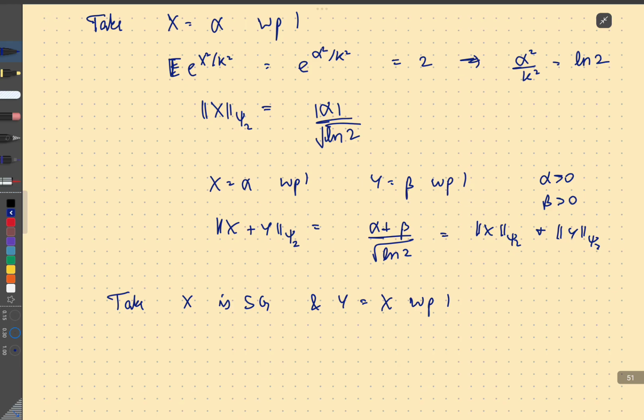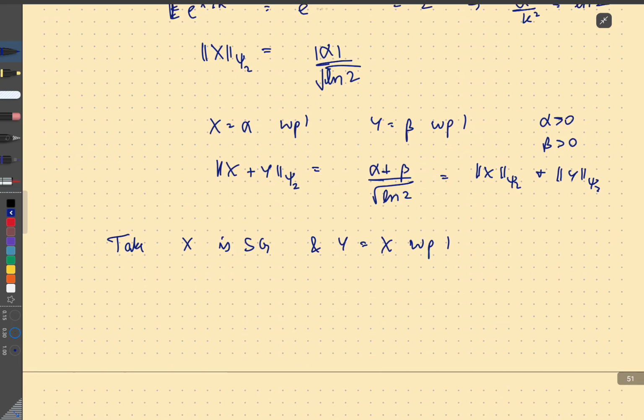The correlation coefficient is equal to 1 in this case. So what can you say about the Subgaussian norm of x plus y? What can you say about the distribution of x plus y? Same as 2x. Correct. So x plus y is equal to 2 times x with probability 1.